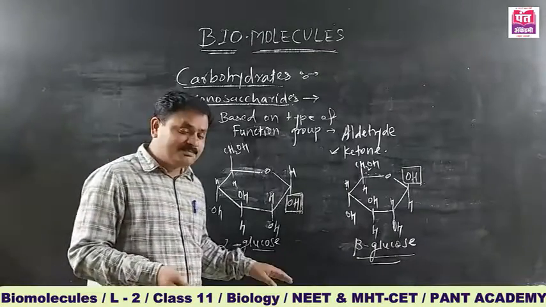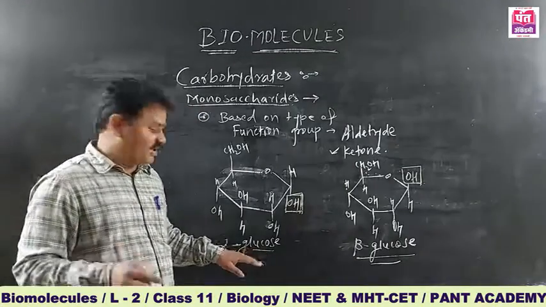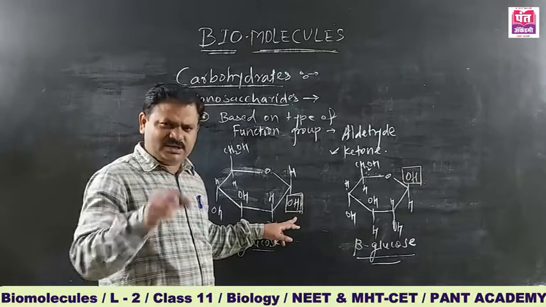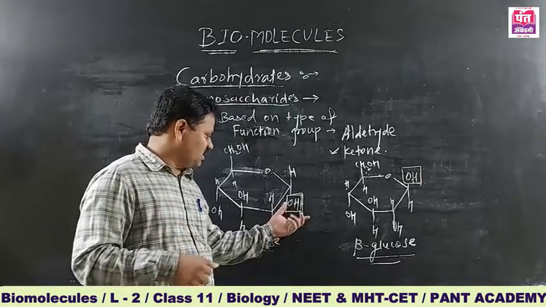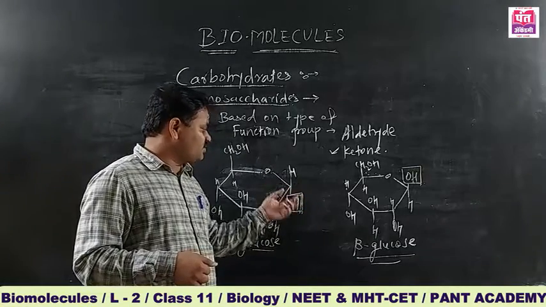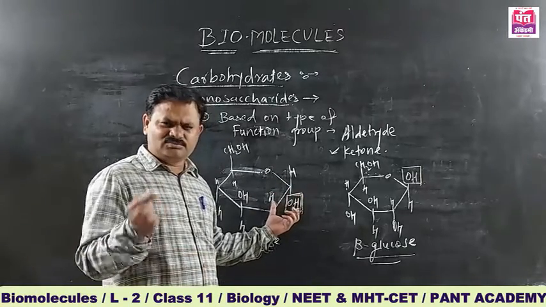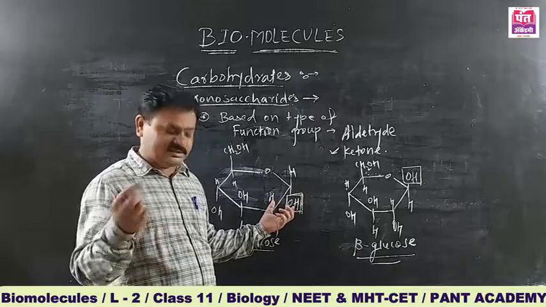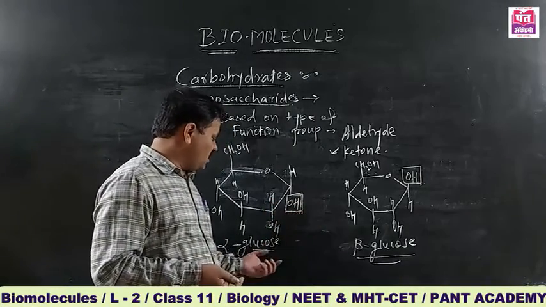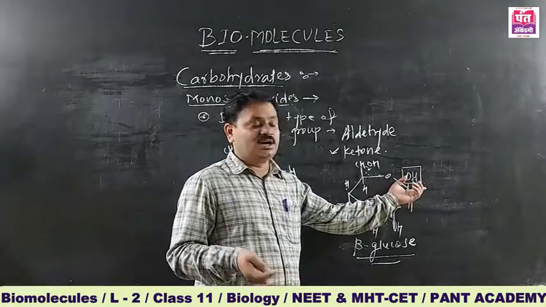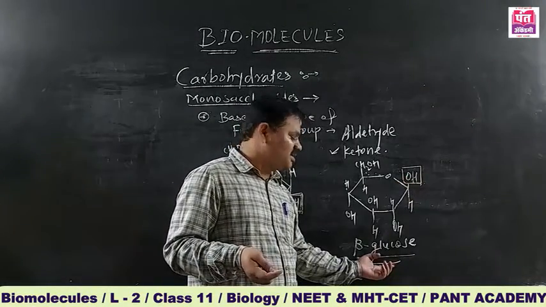So it's a very simple understanding. If in any type of mono sugar, the first functional group contains an oxygen or hydroxy group at the right side, then it is an alpha glucose, and if it is present at the left side, then it is a beta glucose.